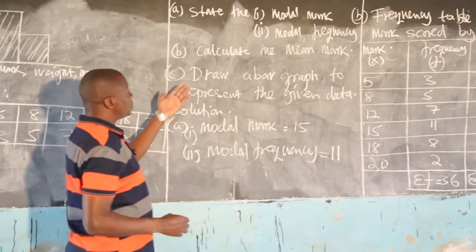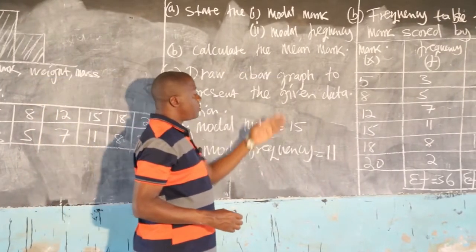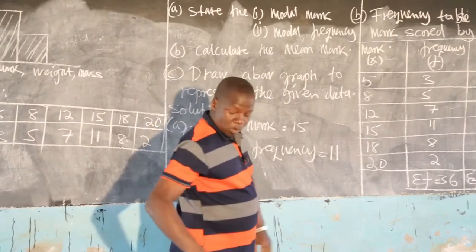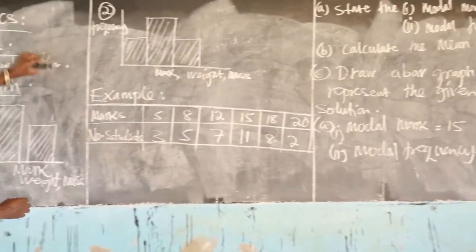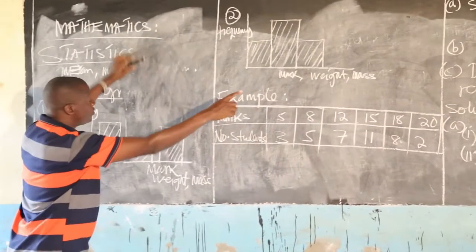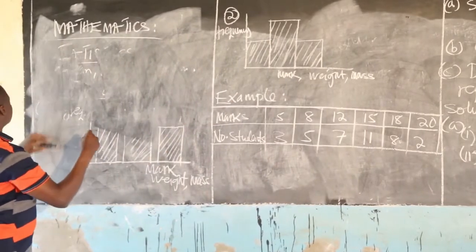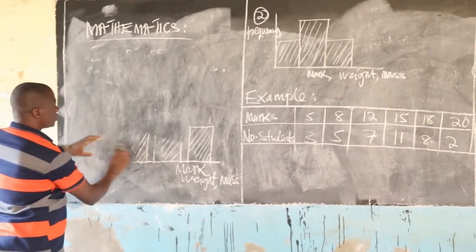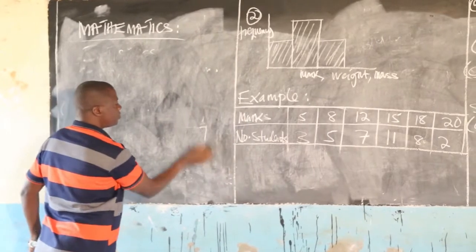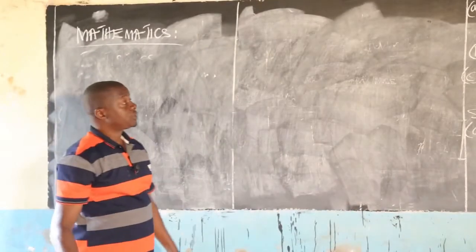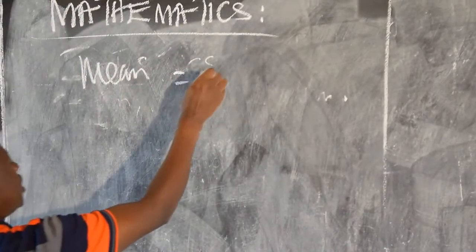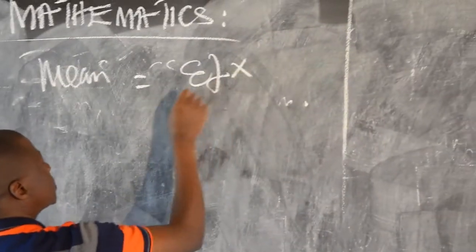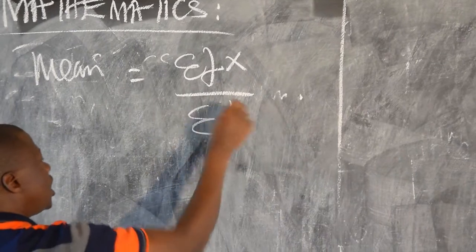They told us to calculate the mean mark. What does it mean? We need to draw the table. We have it there. Then we need to use the formula for mean. So we are going to say that mean is given by summation fx divided by summation f.